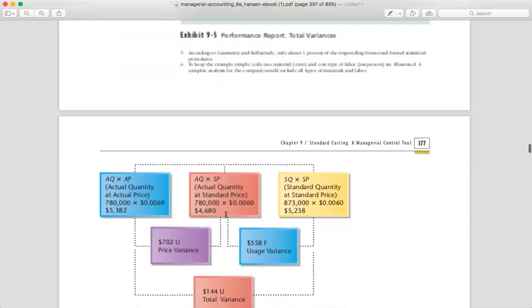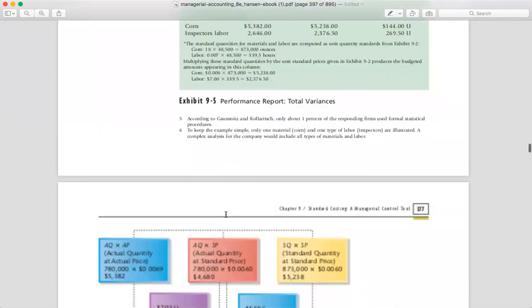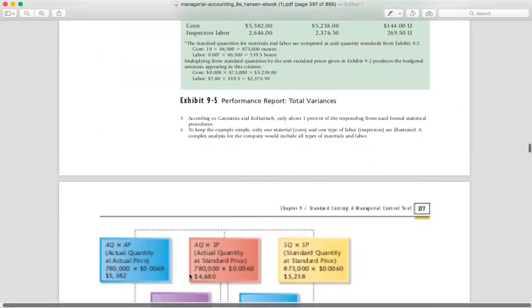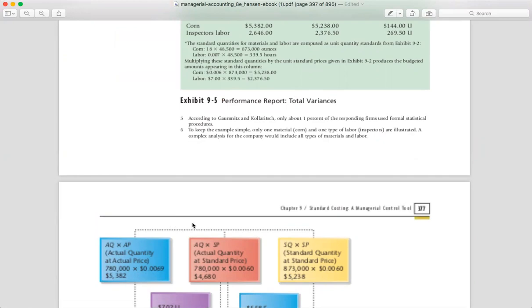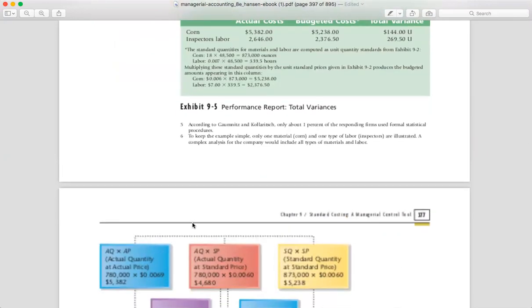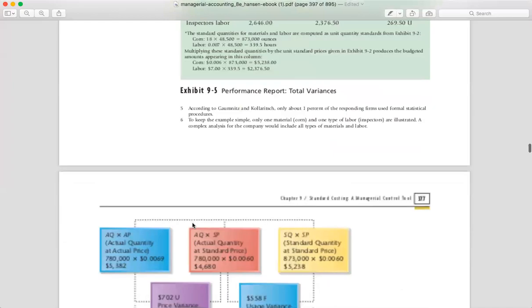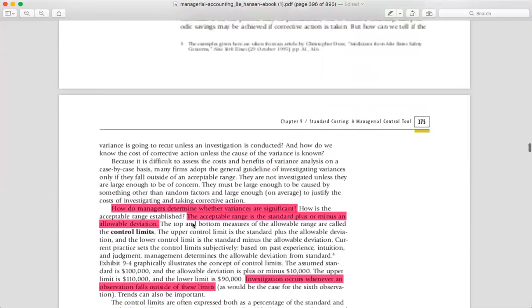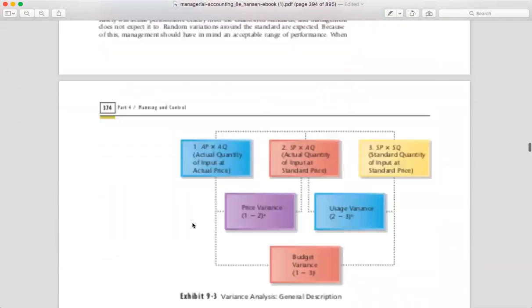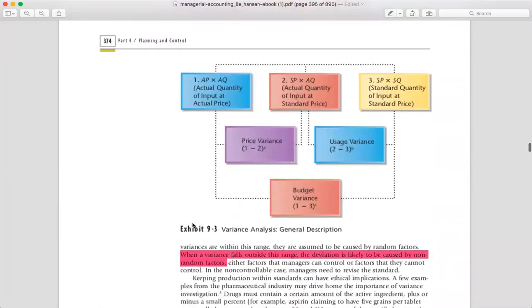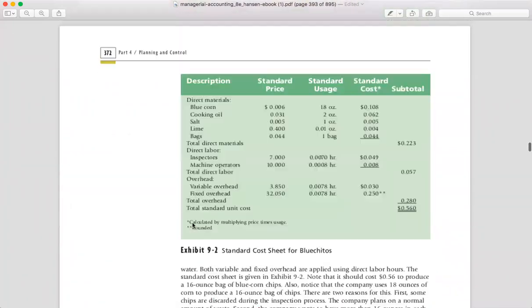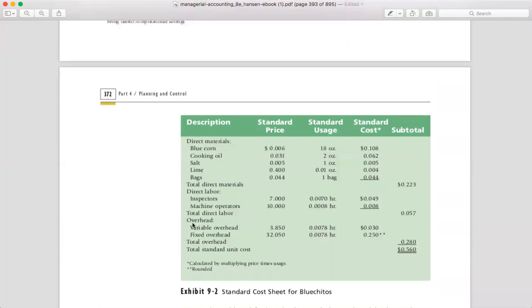So the actual cost comes from 780 times 0.0069, which is just the actual price, closely related to this one.